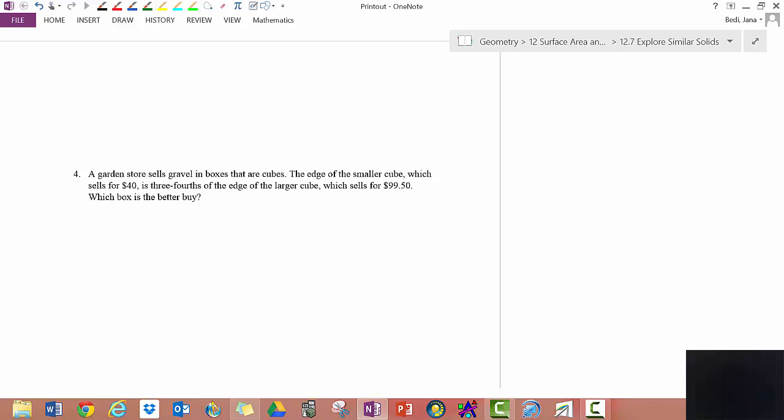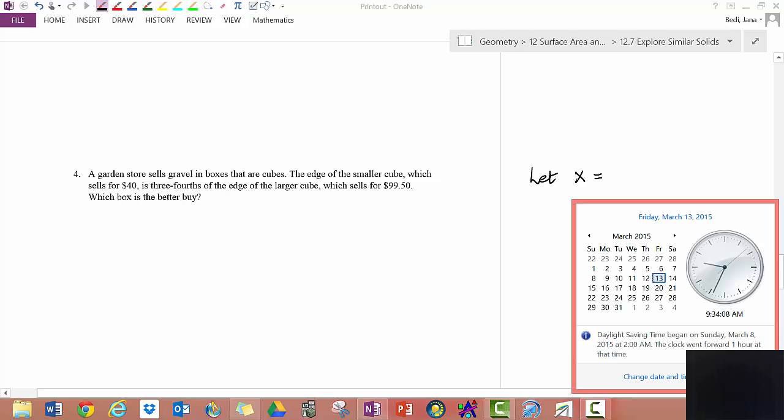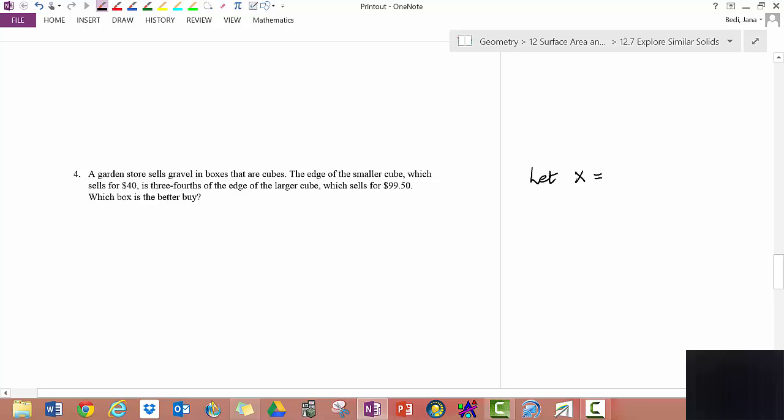What I would do here is say let x equal the edge of the larger cube. Therefore, the edge of the smaller cube is equal to 3/4 of that.